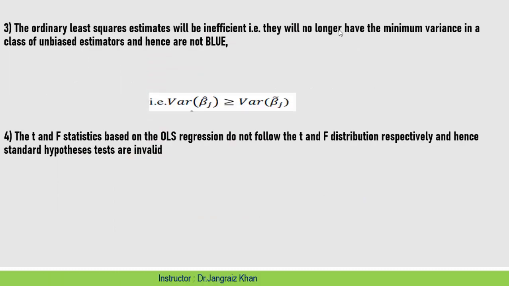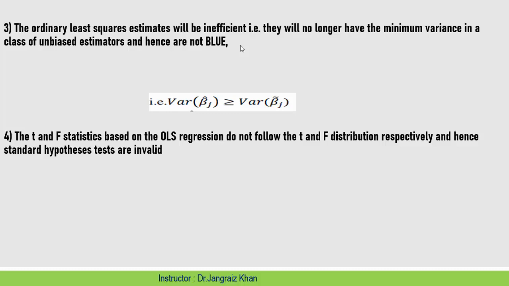The third is the least square estimates will be inefficient. They will no longer have the minimum variance property. Dear students, we know that we call the least square estimators BLUE, best linear unbiased estimator.